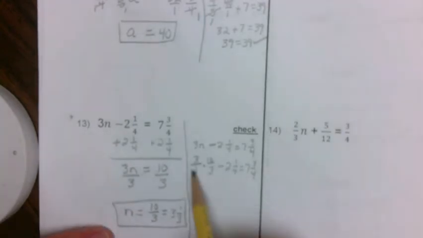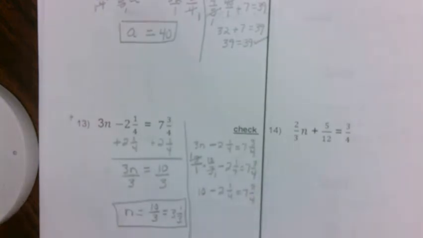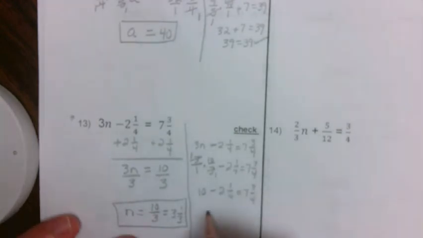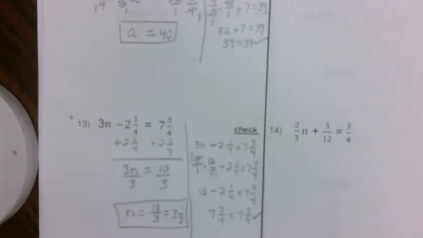Now notice with the multiplication, I can simplify the 3s down to 1s. 1 over 1 times 10 over 1 is just 10. So this is 10 minus 2 1/4 equals 7 3/4. And now when I subtract, 10 minus 2 is 8. And now when I take off the extra 1/4, 8 minus a fourth, well, that's 7 3/4, which equals 7 3/4. So the check worked out. And again, I know that n was equal to 10/3 or 3 1/3.